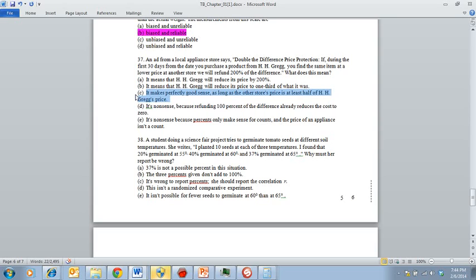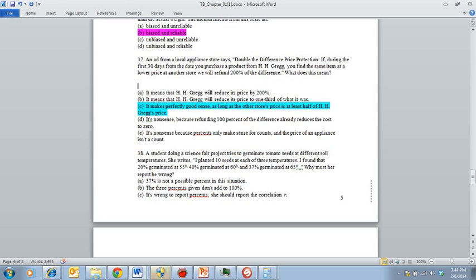I'll show you why. If they say they sell something for $10, right? And another store sells it for $7. So the difference between those two numbers is going to be $3. Okay? 100% of $3 is $3. So 200% of $3, I have to add another $3, would be $6.